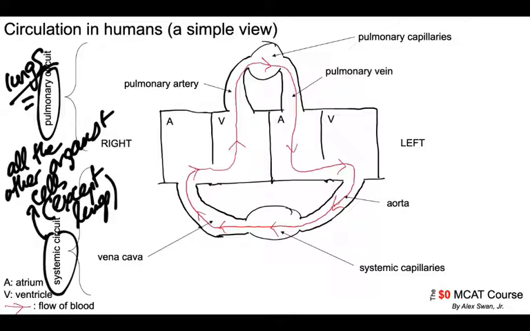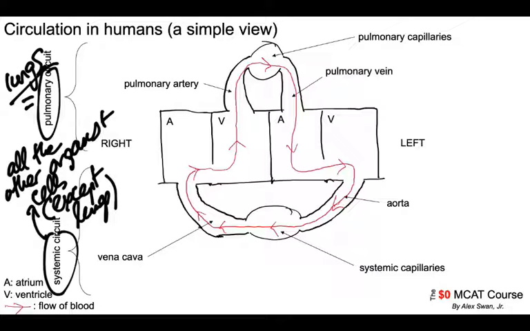So the blood, where were we? The blood is going to go from the left ventricle to the systemic capillaries via this special type of artery, and it's then going to return to the heart at the right atrium via this special type of vein, like we mentioned earlier. Right? Let's get a little more detailed.